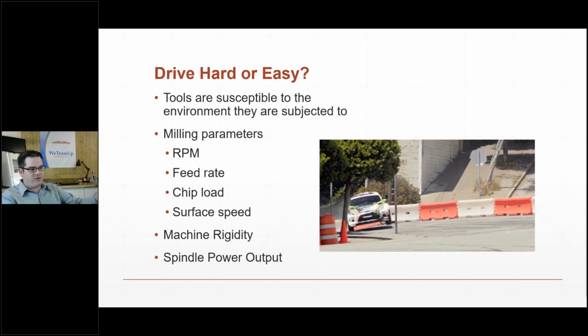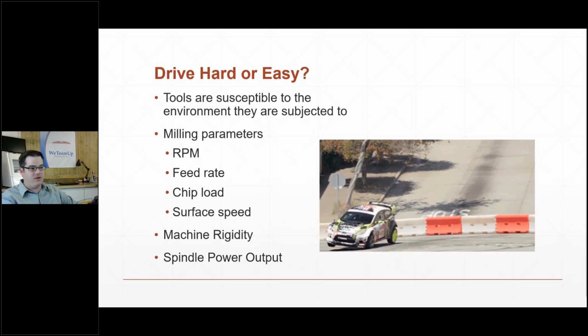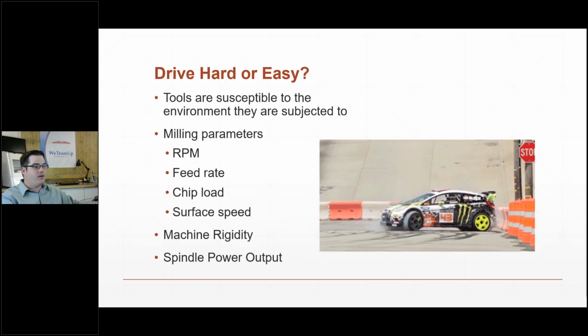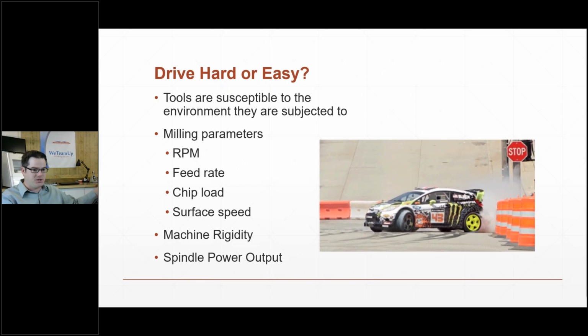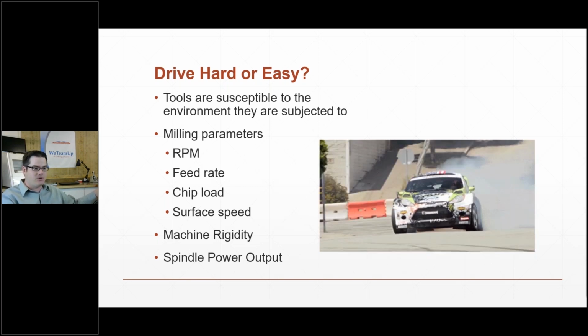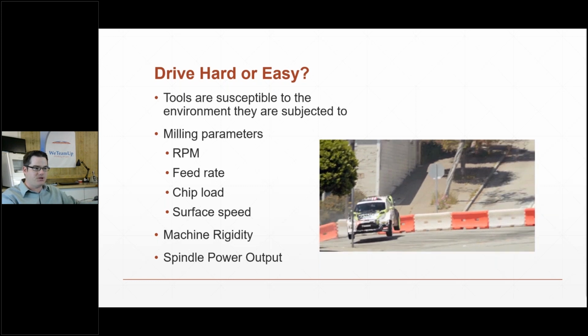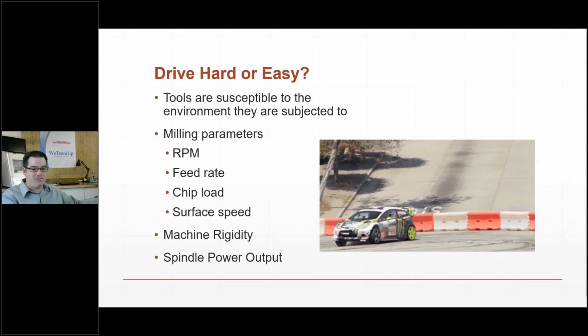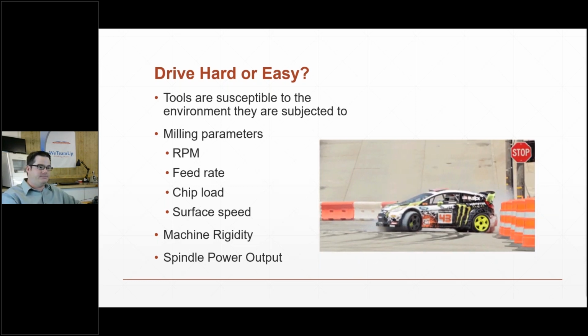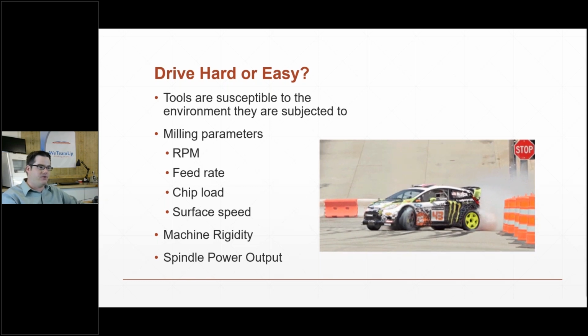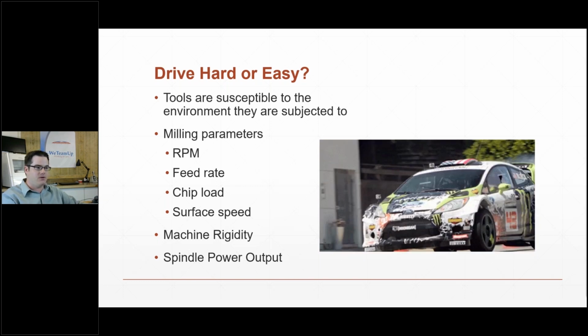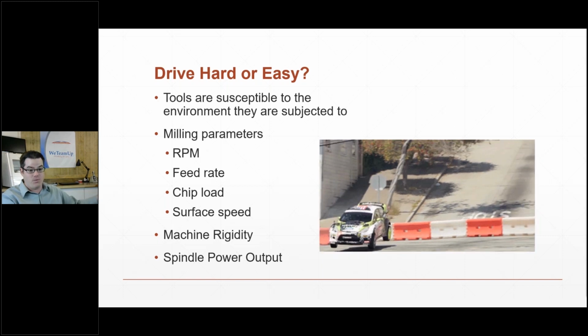And all of these come together and they affect the entire milling dynamic. If you change one, you change the other, and certain materials, certain machines, they all have their own little sweet spots. So if they're overdone or underdone, it can drastically affect tool life one way or the other.